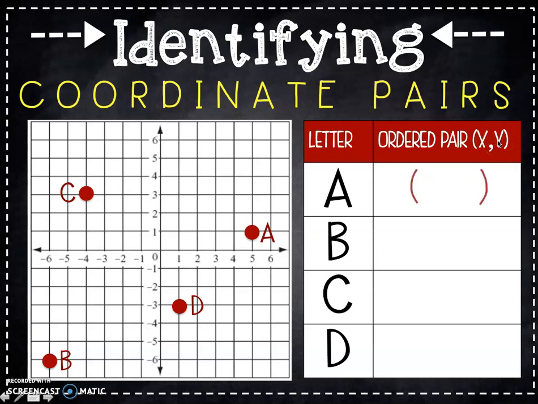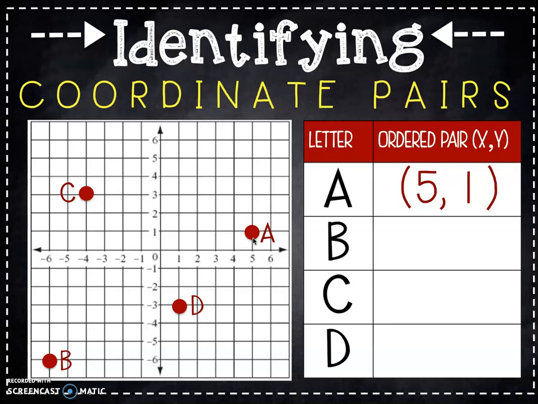Okay, so for A, I'm going to start with my parentheses. Then I'm going to figure out what is the x for that coordinate. If we look, we start at the origin, the x is a +5, and then we're going to put our y, and in this case, our y is a +1. So the ordered pair for A is +5, +1.